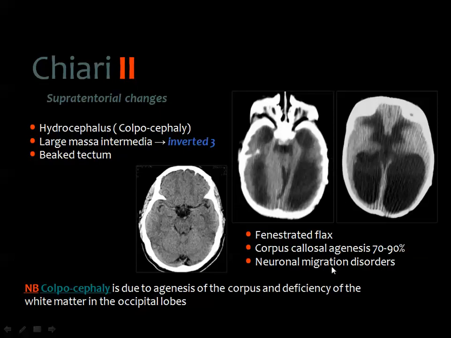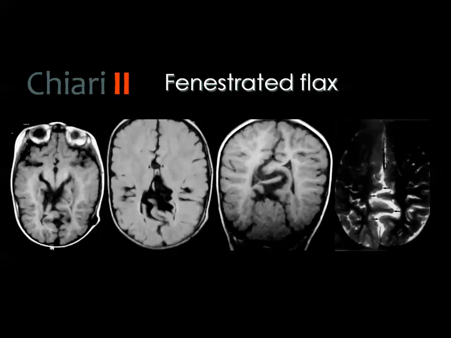Also, neuronal migration anomalies can be seen in these conditions, and the fenestrated falx is one of the primary stigmata of this disease. What do we mean by fenestrated falx? We mean that there are some fenestrations or holes within the falx, and you cannot see these holes, but you know that they are present by this finding.